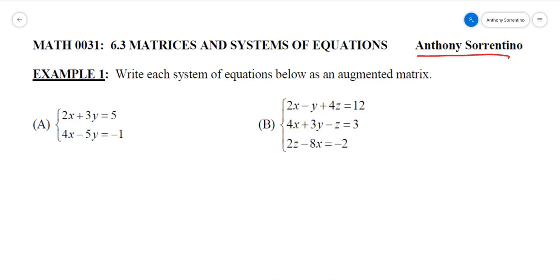And I don't have a kind of formal definition of it, it's in your textbook, but an augmented matrix is basically me taking a system of equations, like A. Now I want to make sure, as I do this, I'm going to put a couple little formatting things down here. One, I want to make sure that the system has variables lined up.